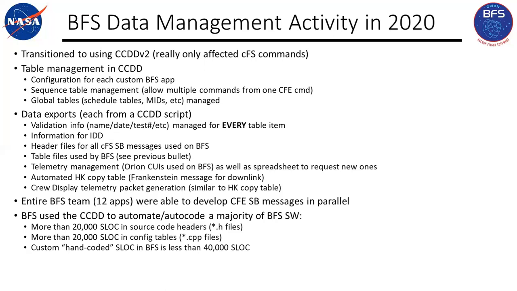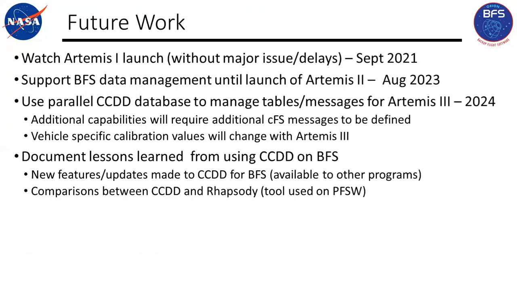And just to put in comparison, if you count the quote-unquote hand-coded code that we have on BFS, it's less than 40,000 lines. So clearly, a majority of our code on the BFS program, if you count it purely on lines that are there, are from the CCDD. So we're making good use of automated tools for our code.